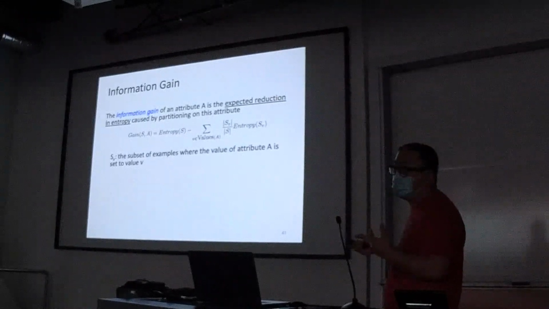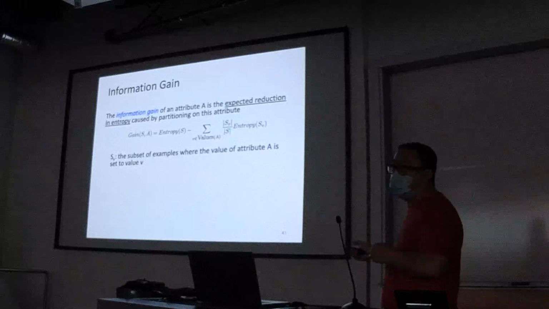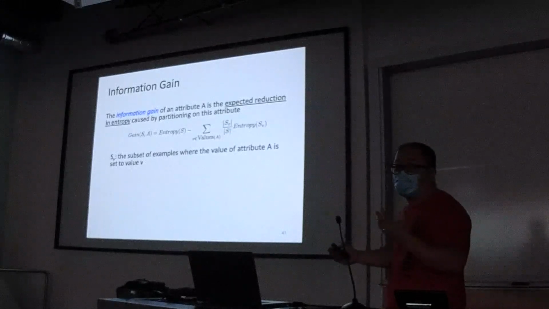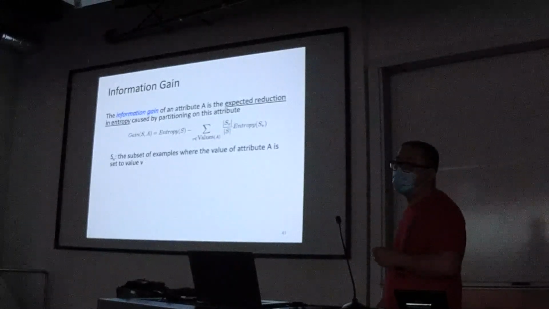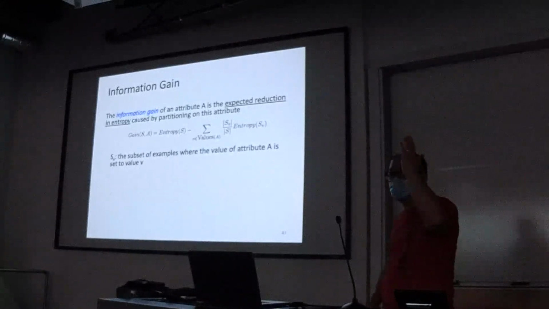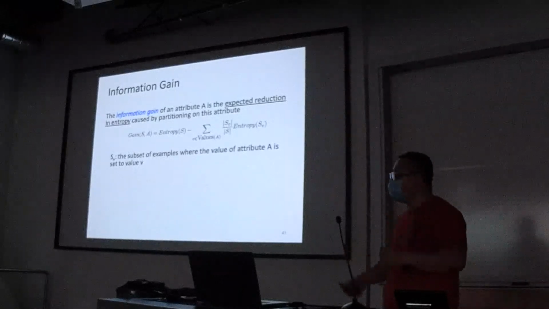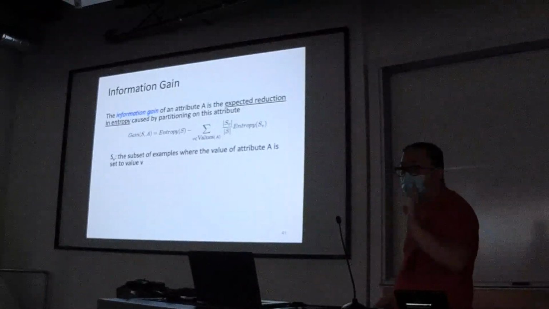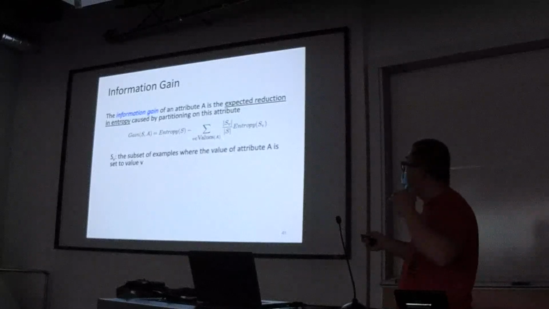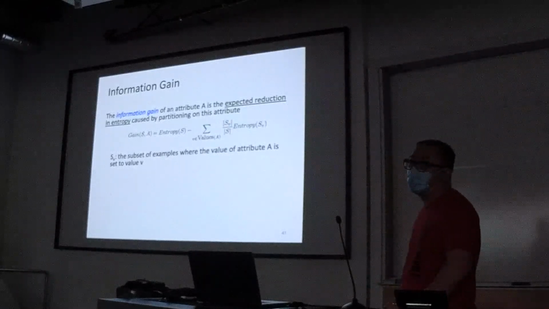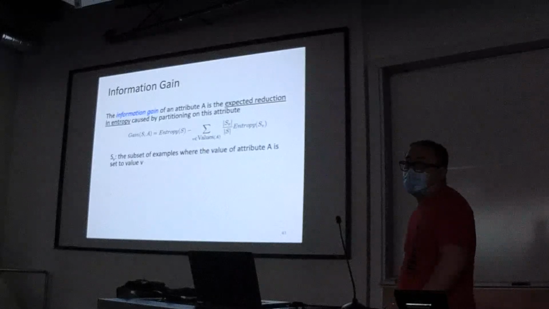Now I subtract them, which indicates the reduction of entropy. The reduction of entropy indicates the increase of purity. Remember, the larger the entropy, the worse the purity. The increase of entropy indicates the decrease of purity, and on the other hand, the reduction of entropy indicates the increase of purity. That's the idea of the definition.